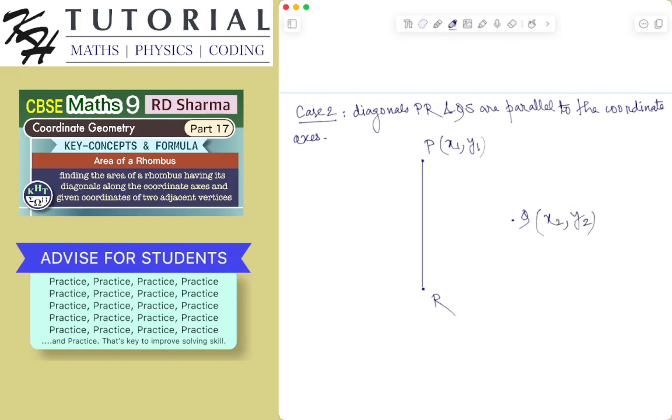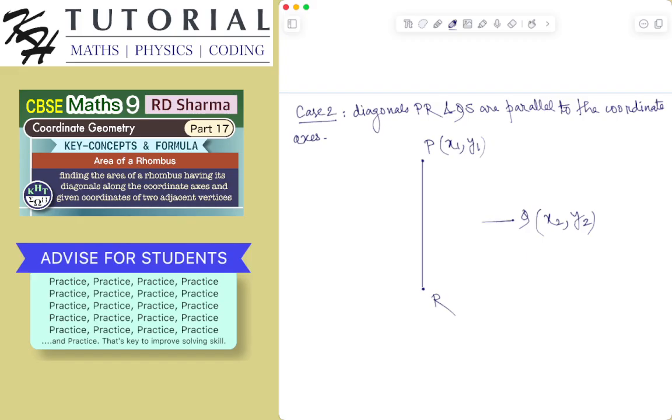Then the fourth vertex S will be such that the diagonal QS should be parallel to the x-axis. Since I have considered one diagonal PR to be parallel to the y-axis, the other diagonal QS has to be parallel to the x-axis.